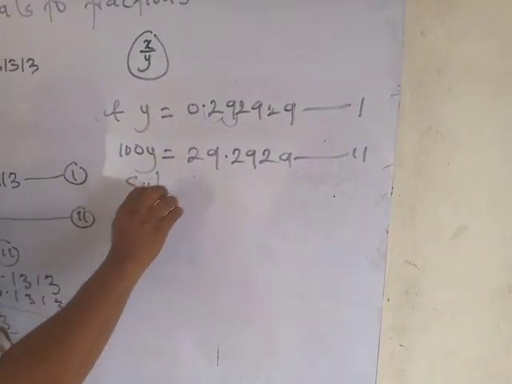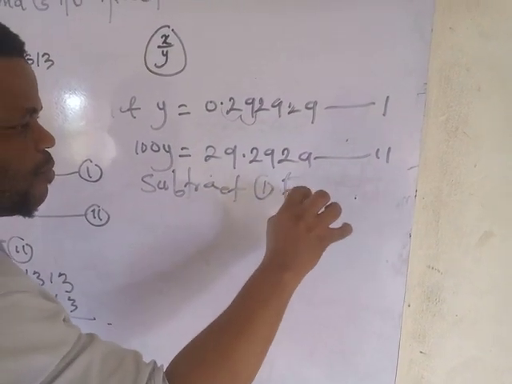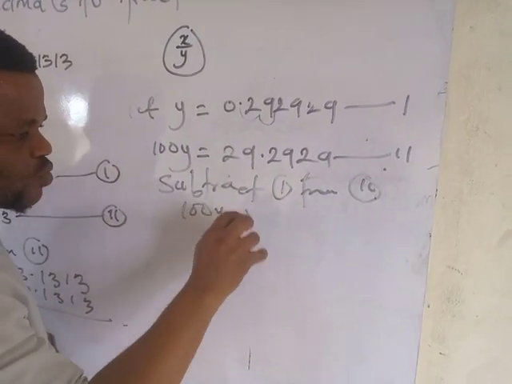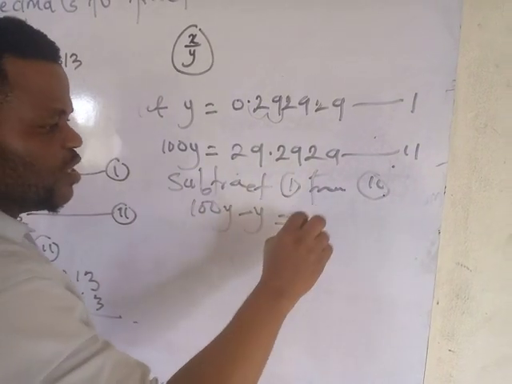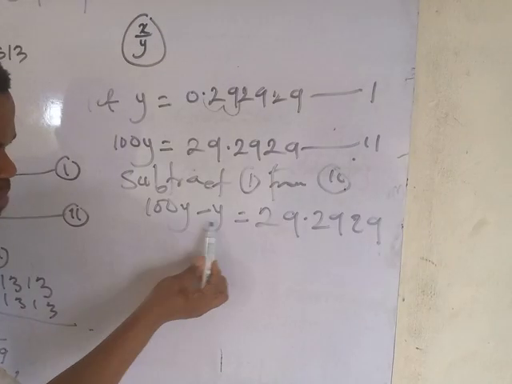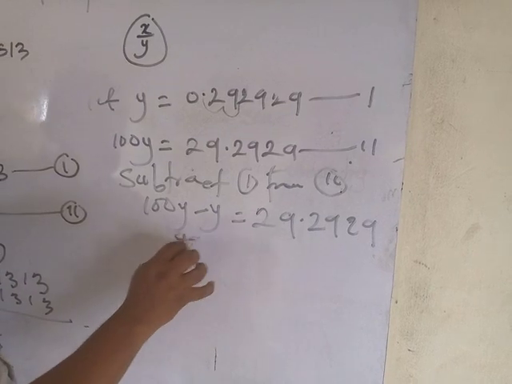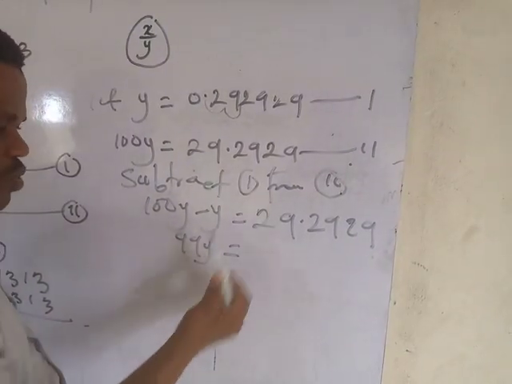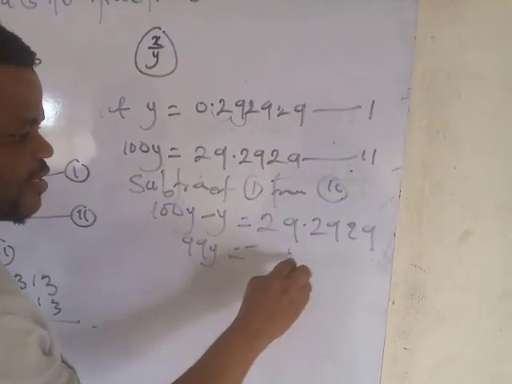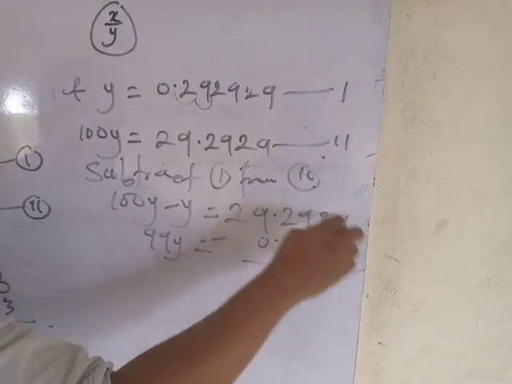If you subtract equation 1 from equation 2, you're going to have 100y minus y equals 29.2929 minus 0.2929. So 99y equals this minus the other, and if you subtract, this is 0, this is 0, this is 0.